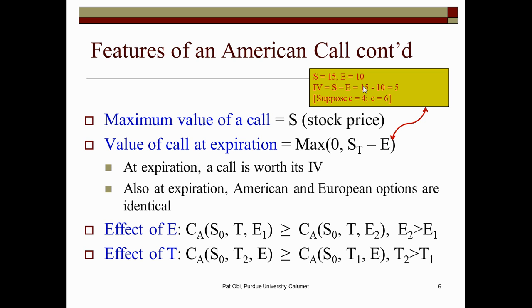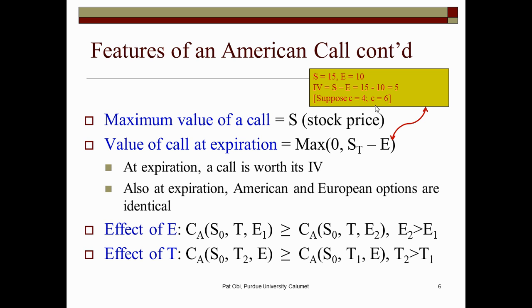Say for example the option is actually selling for $4 per share. At expiration, with no time value left, you would of course want to buy this option right away. You scoop it up and then you exercise the call right away. Again, you make 5 minus the 4 you paid, you smile to the bank with $1.